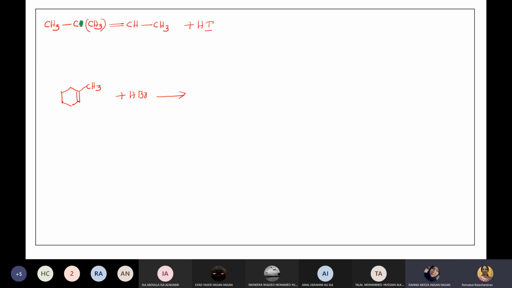CH3, single bond. This one has how many hydrogens? 1, right? That one has no hydrogen. So where will H go? H will go to CH. And the iodine will go to the second.